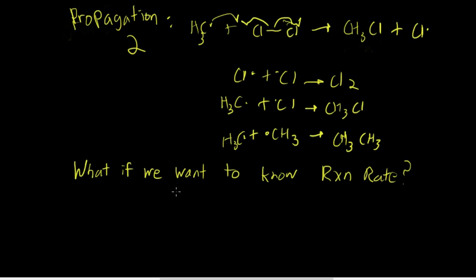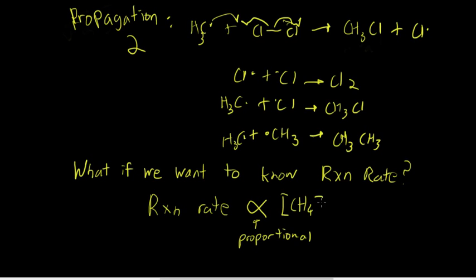But what if we're interested in the rate of the reaction? Well, it turns out that the reaction rate is proportional to the product of the concentrations of methane and chlorine radical.